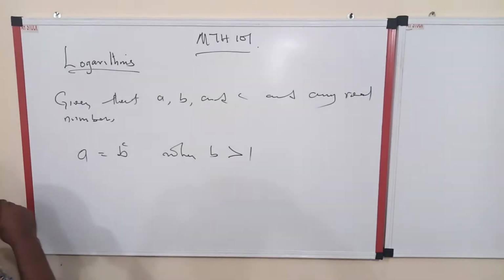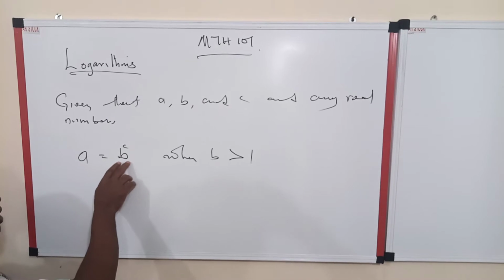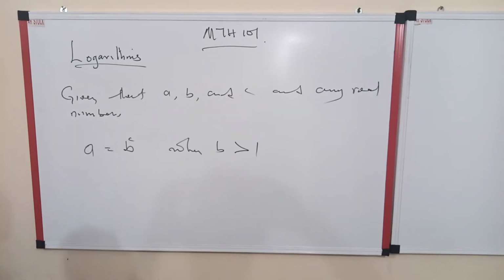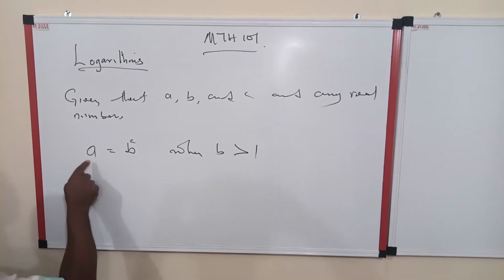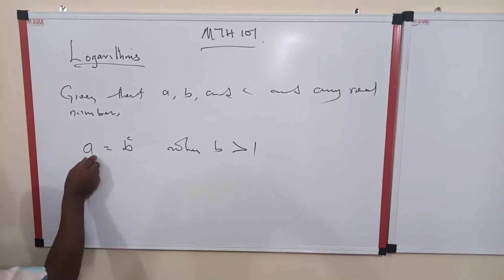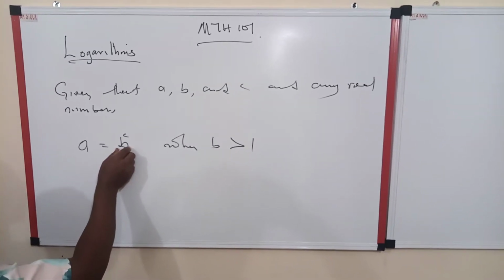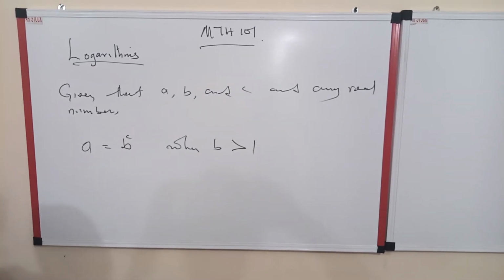Now, in our indices, we are trying to write a number in terms of the power of something. Given that this is a number, we can write it in terms of a number raised to a particular power.